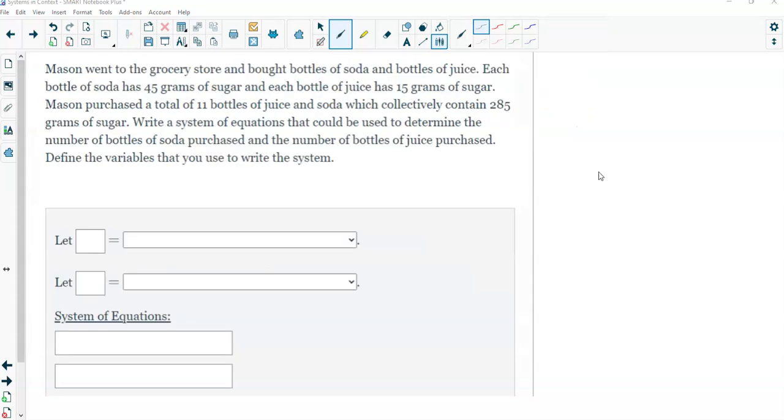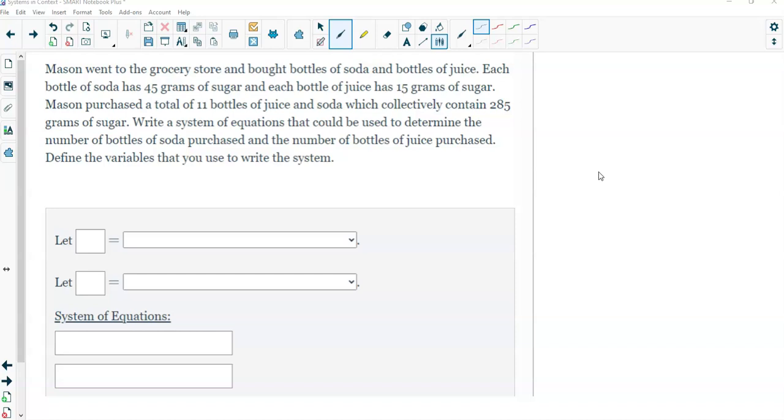Okay, this is another kind of problem that you're going to find. It says Mason went to the grocery store and bought bottles of soda and bottles of juice. Each bottle of soda has 45 grams of sugar and each bottle of juice has 15 grams of sugar.